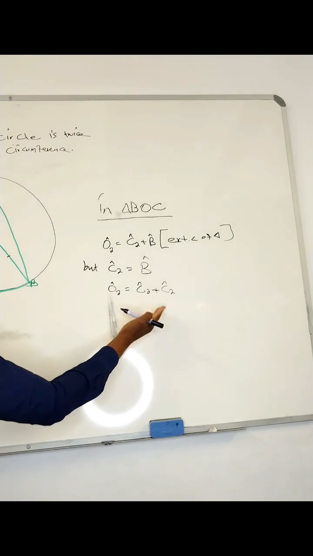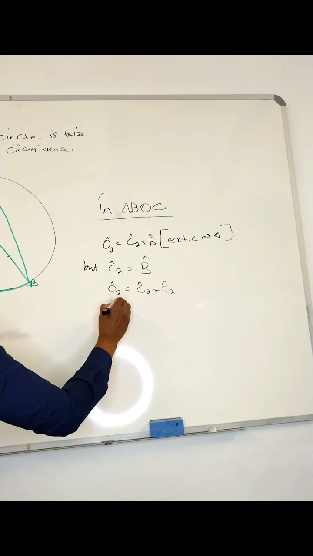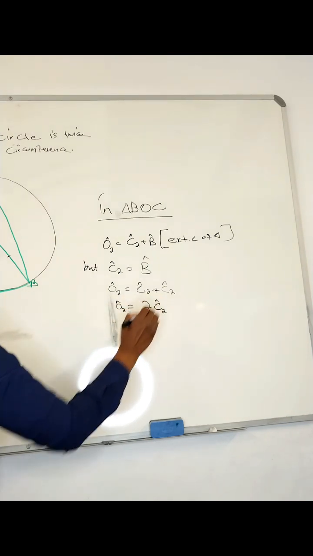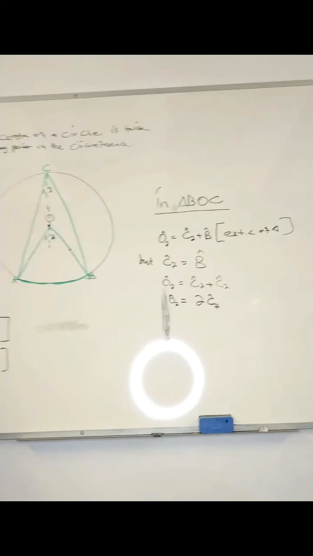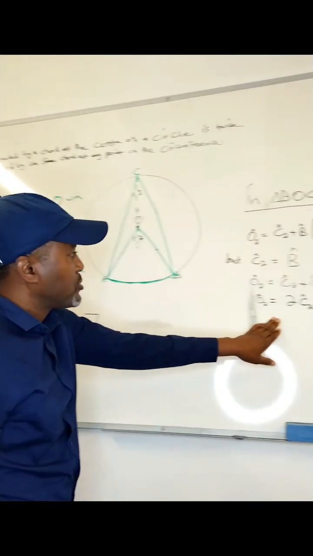Now this is addition: O2 is equal to 2C2.